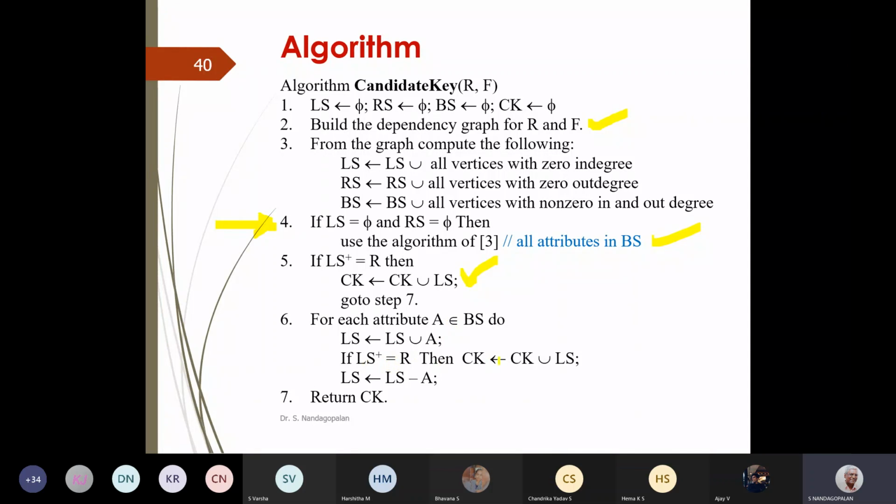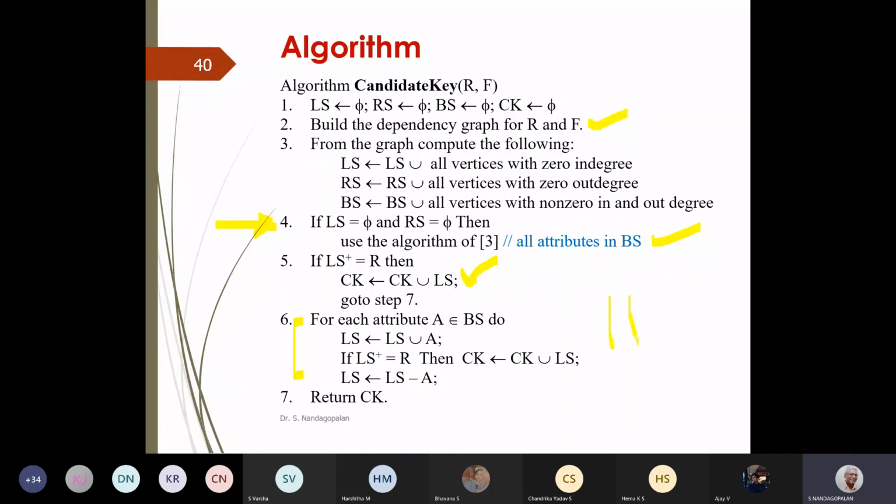If it is equal to R, then there should be a candidate key added. Next, get the next attribute. So this is a for loop. Every time you pick an attribute from A and join with the original both the sides. And because you have already included A, just remove that from this.